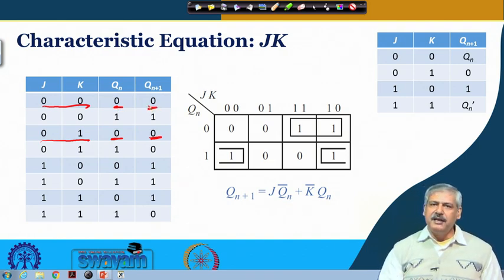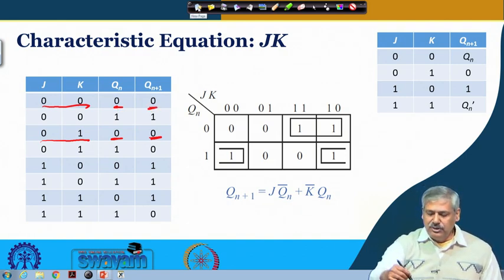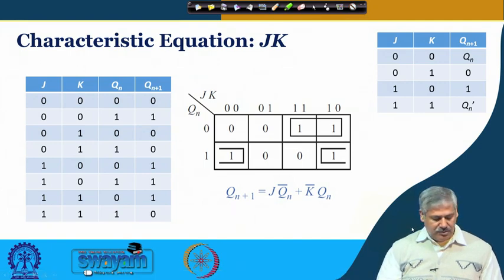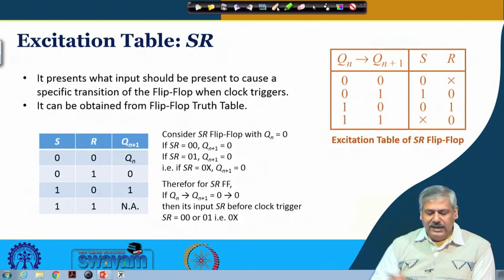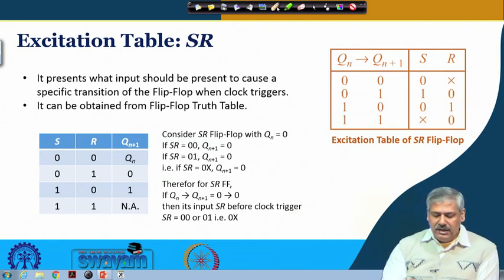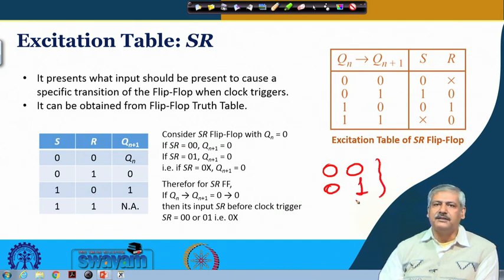So in both the cases it is happening. If this is what is observed, we can say that either of 0, 0 or 0, 1 was presented at SR to make this happen, that it has changed from 0 to 0.